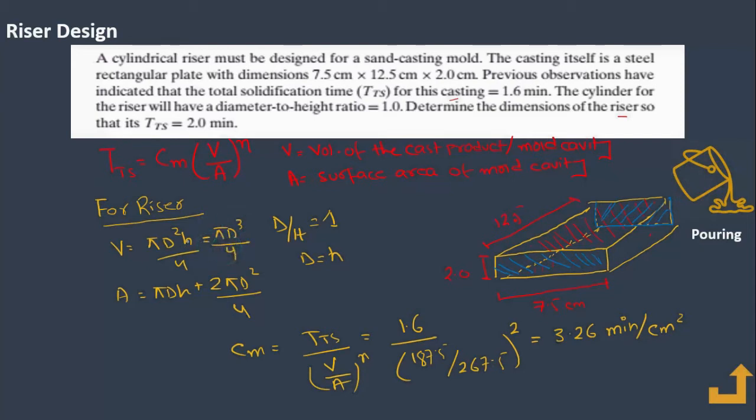Either take it in the height form, or we can just reduce it for the diameter. And the same is the case with the area. We will have the area equal to pi d square plus 2 pi d square by 4, and that makes up 1.5 pi d square.